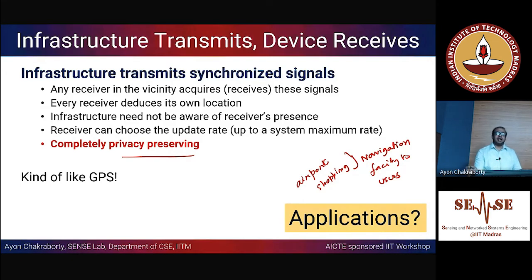Okay, and there could be other places, maybe specific small retail stores, where the navigation is not that important for the user. What is important is the location analytics of the user, right? So I want to analyze the location analytics.